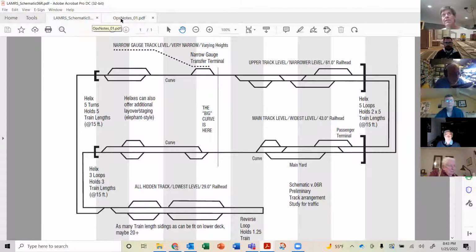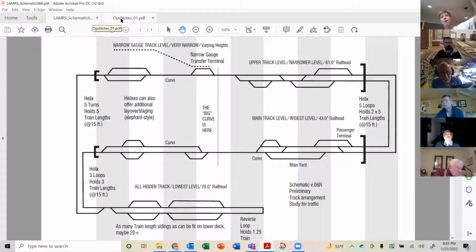So although the diagram shown is good enough for me, I would still prefer perhaps on the upper scenic level of the layout, or above the upper level in the staging level, you have a loop in there so that you can go up and down with continuous running using a spring switch. So you don't have to throw any switches, but then above the upper level is just shotgun staging.